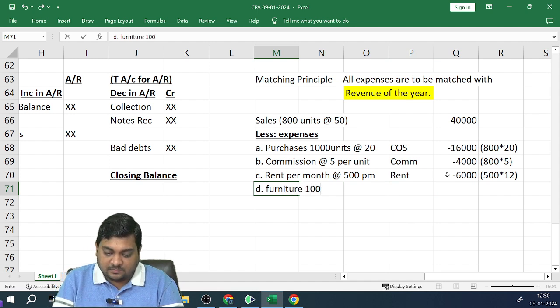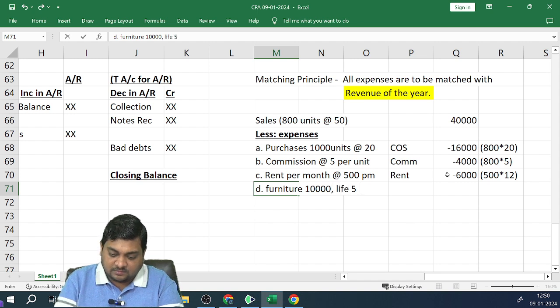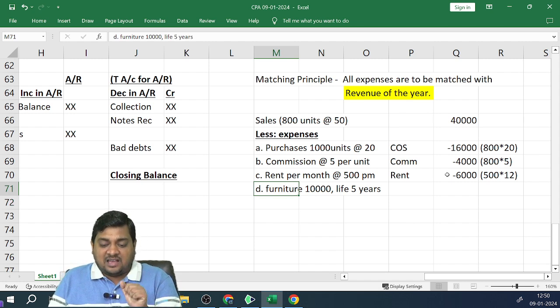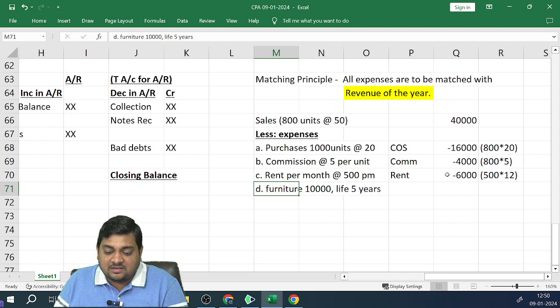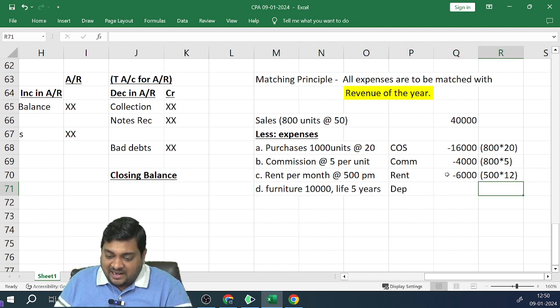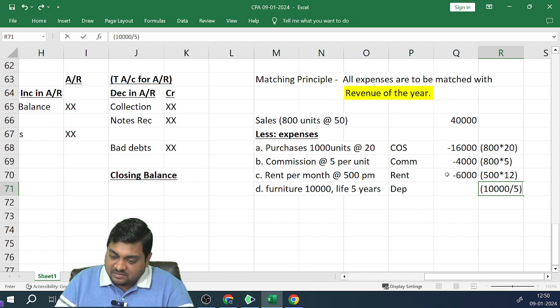Furniture 10,000. Life 5 years. So this particular asset I will use for 5 years. I will derive its benefit for 5 years. So what does the matching principle say? You will take depreciation only for 1 year, 10,000 by 5.